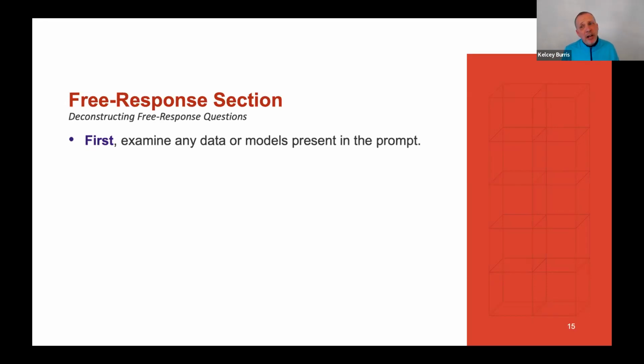So the first thing we tell our students to do is examine any data and models present in the prompt. It might be a picture, it might be a graph, but those pictures and graphs are telling you a million things, okay? What you've got to ask yourself is, what do you see, and what does it mean? What biology is there? What is it talking about? Because that will actually help you in the question.